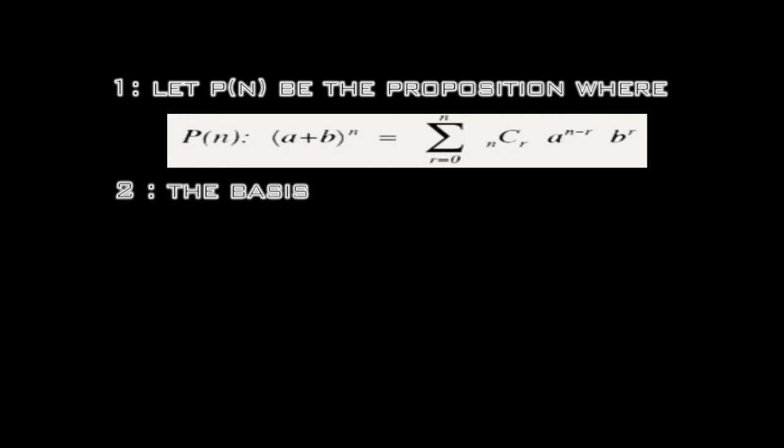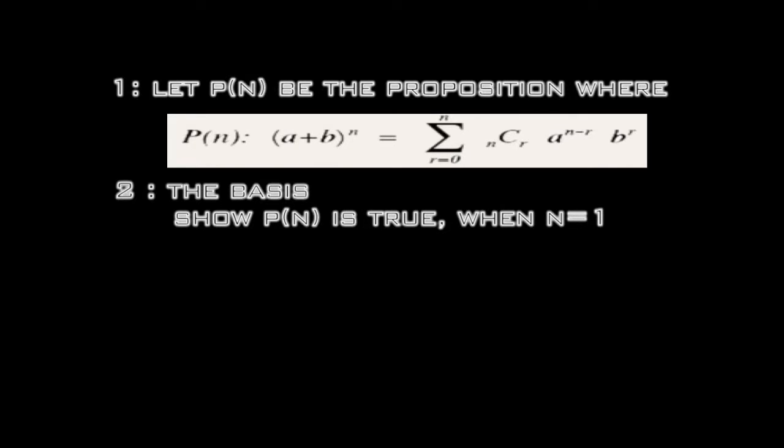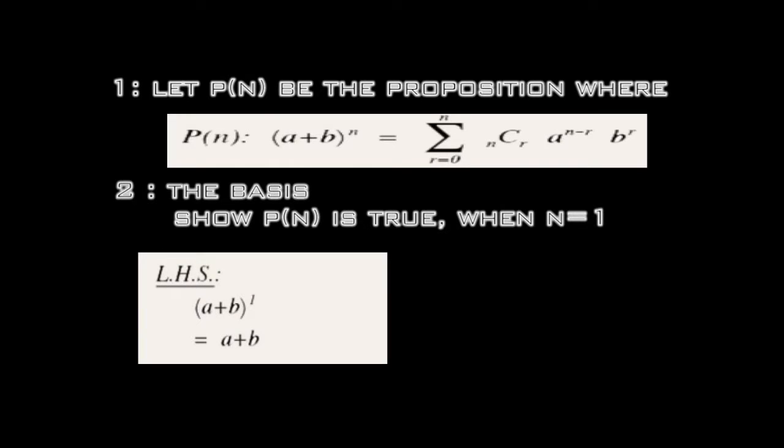The basis. Show P(n) is true when n is equal to 1. Left hand side is equal to (a plus b) raised to 1, which is equal to a plus b.